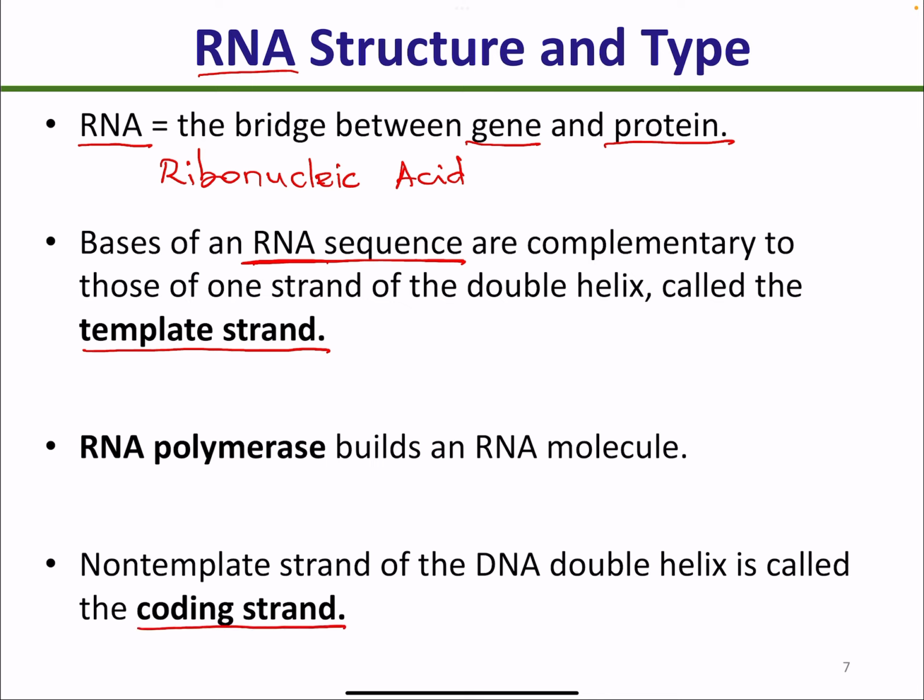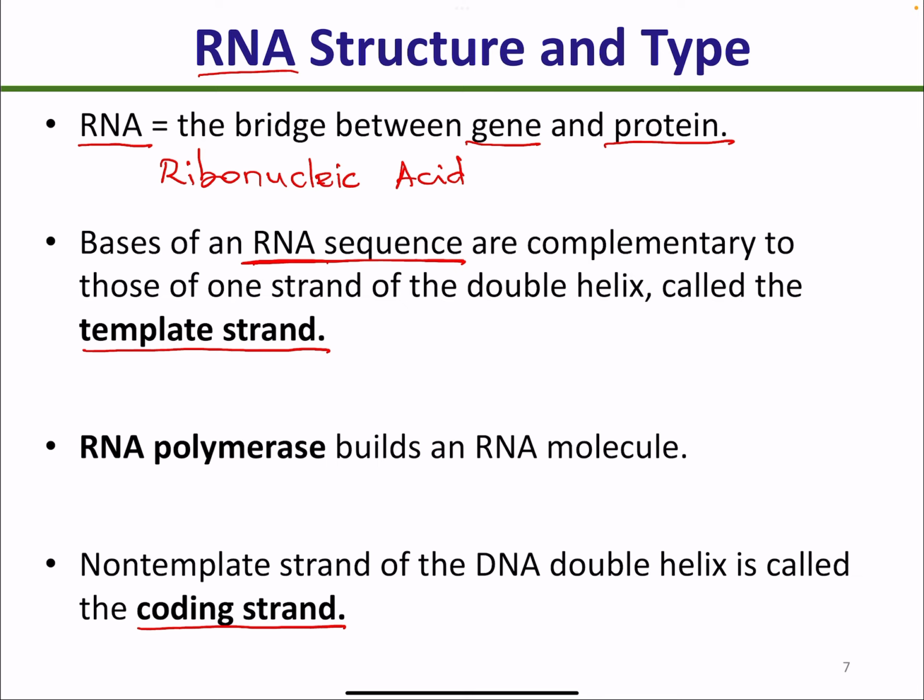This is very important to understand because whenever the cell wants to express the gene, the cell has to know exactly which strand of the DNA carries the gene, right?